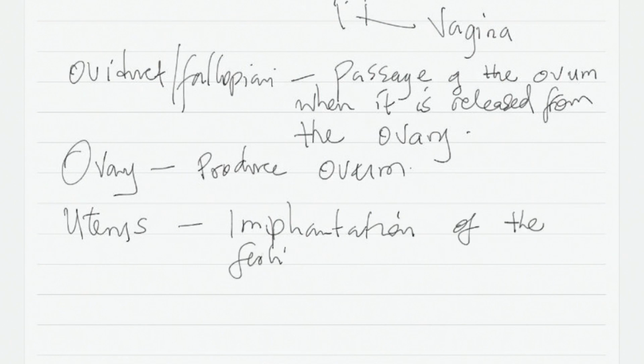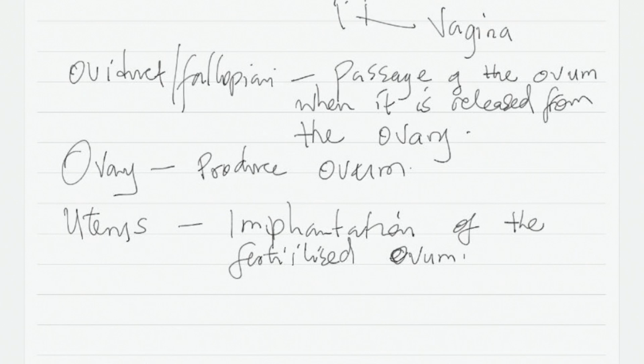Implantation of the fertilized ovum. When the ovum is released by the ovary, as it moves towards the uterus in the fallopian tube, when it meets with the sperm cell, that ovum is fertilized.